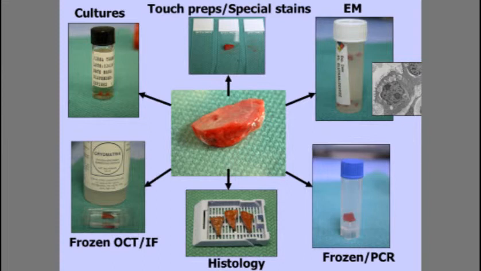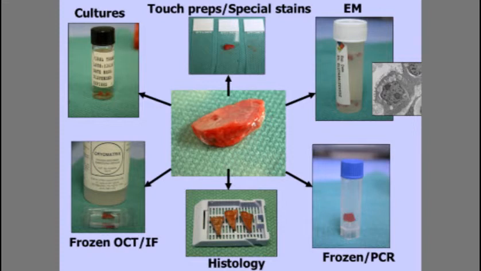So we will take portions for culture. While there may have already been cultures done from fluid and from blood and that sort of thing, we also take it from the tissue because it's another chance to sample that and make the most out of the biopsy. Sometimes we'll do touch preparations, which is where you dab the tissue onto slides, and that gives you an opportunity to stain for organisms also.